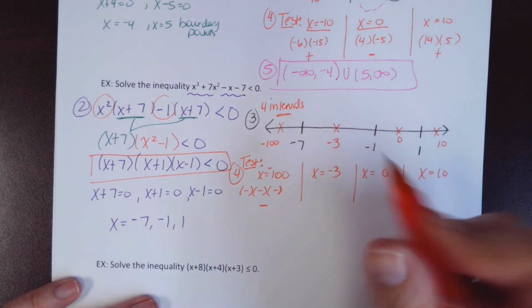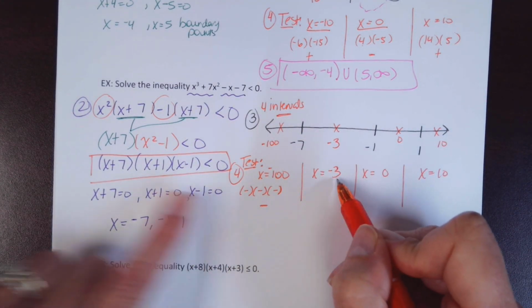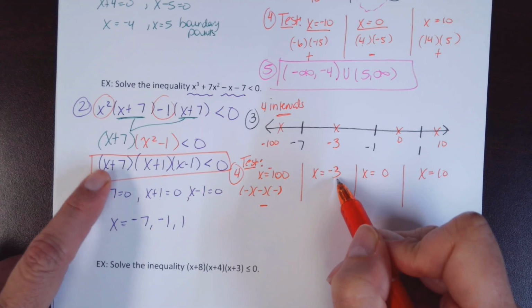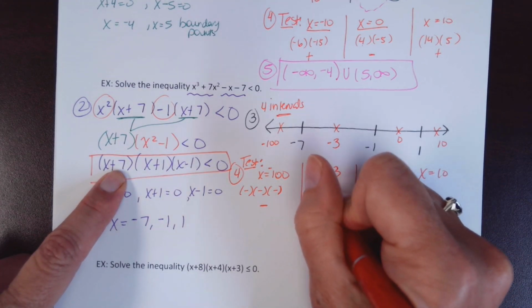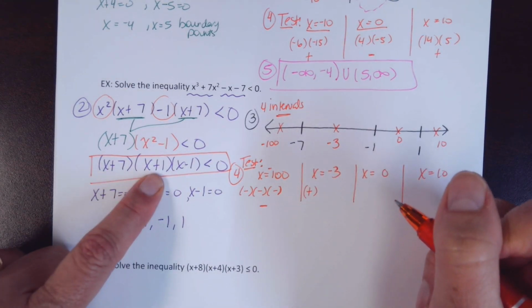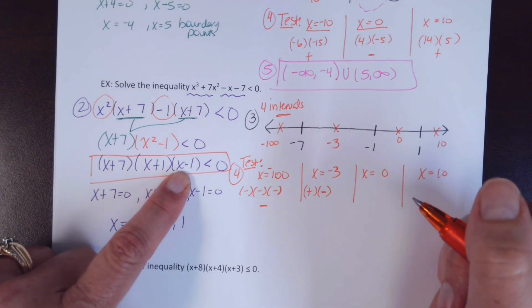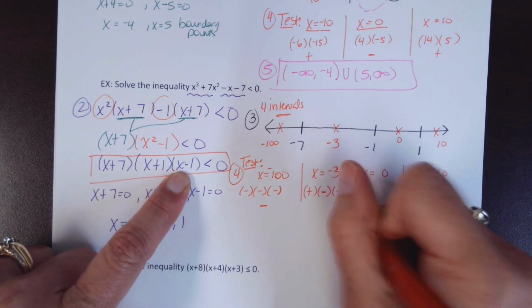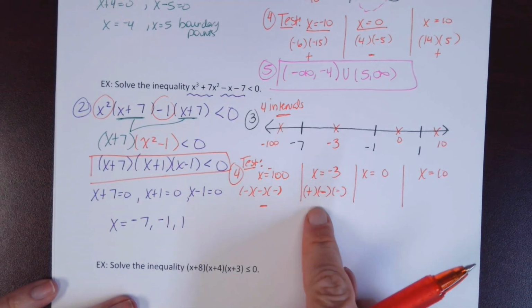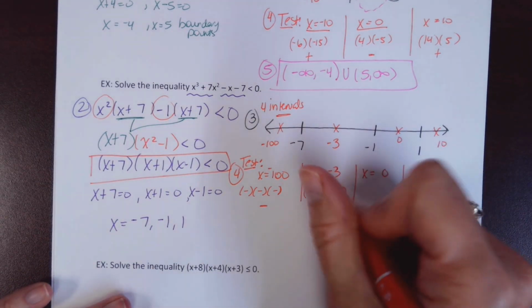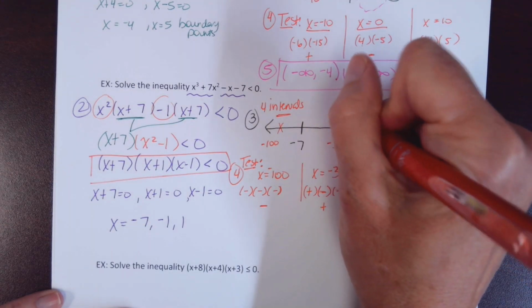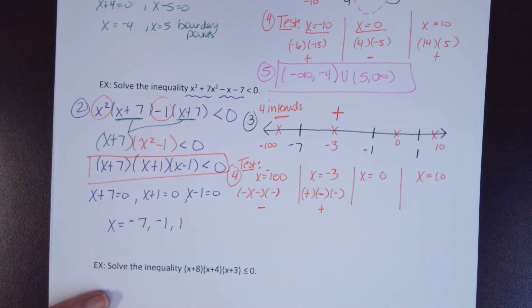Then I move to my next interval, and I'm going to plug in a -3. I've got to pay a little closer attention here. -3 and 7, well, that's positive. -3 and 1 is negative. -3 minus 1 is negative. But when I multiply that together, two negatives together cancel each other out, and everything in that interval comes out to be positive.